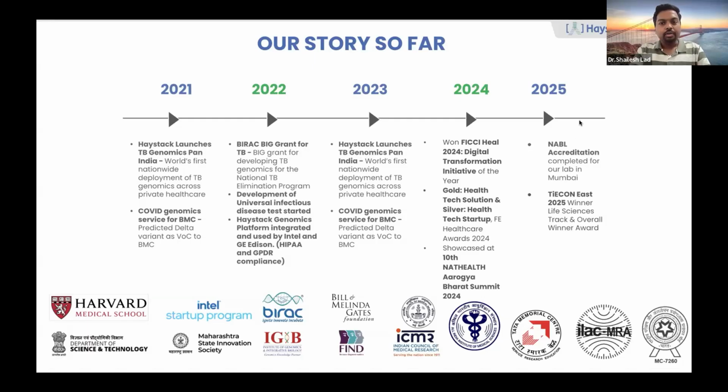In 2025, our lab located in Mumbai got its NABL accreditation for all the products that we provide. In the last quarter of 2025, we were able to win the Tycon East in Boston, as winner in life sciences as well as in healthcare. So that's about our journey.